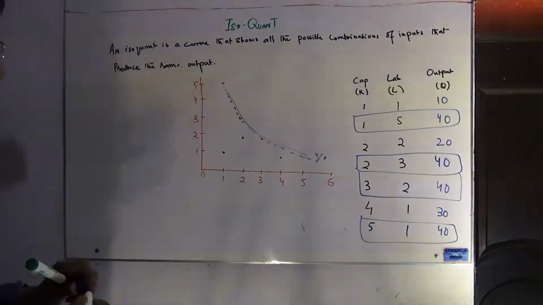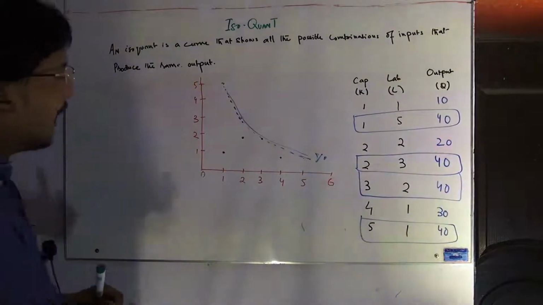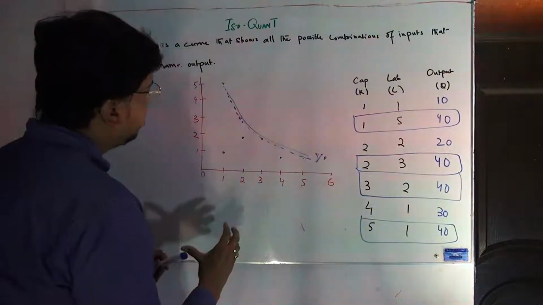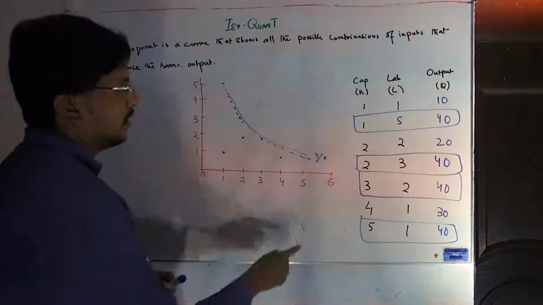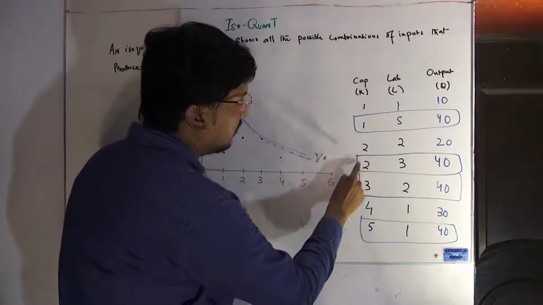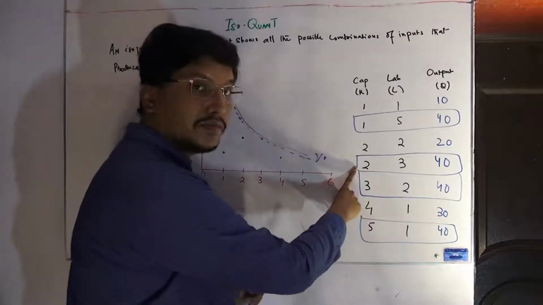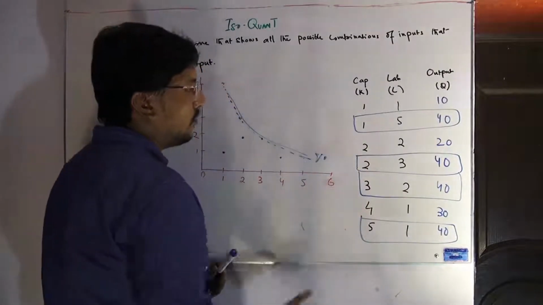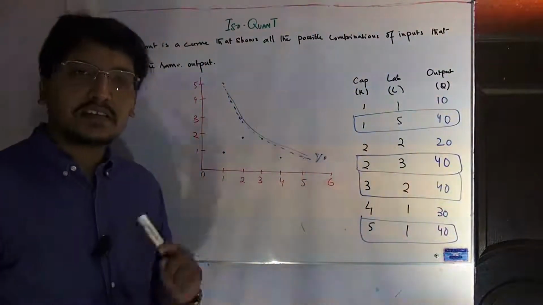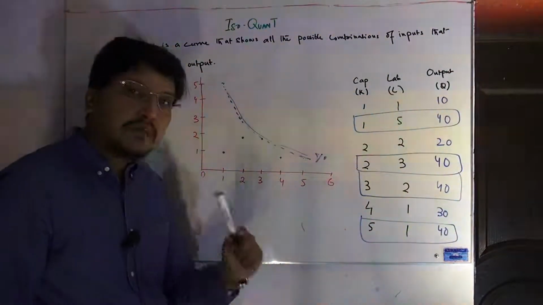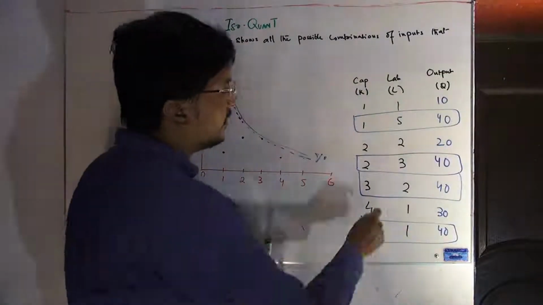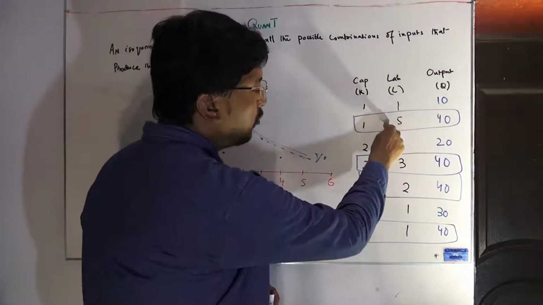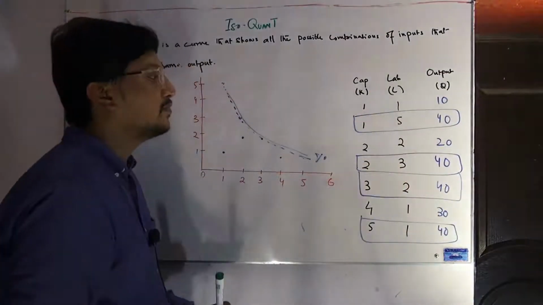So really this is convex, and one thing more we can observe: here we increased 1 unit of capital. So we can say that if you have to increase something, then to stay at the same level of output, the other input must decrease, and we can easily see here that the second unit had to decrease.